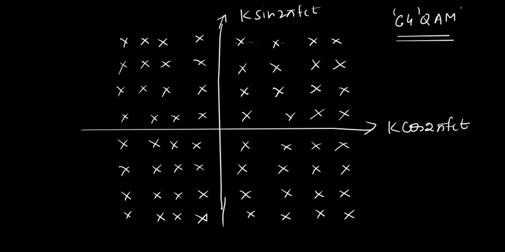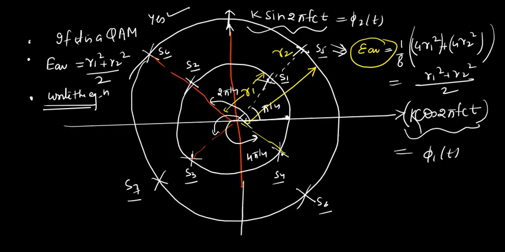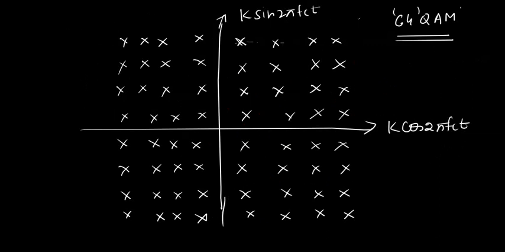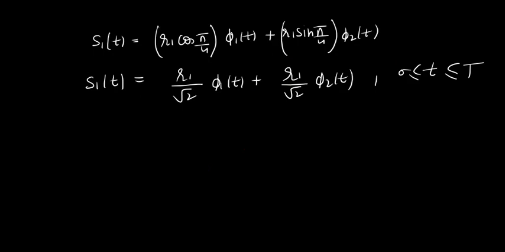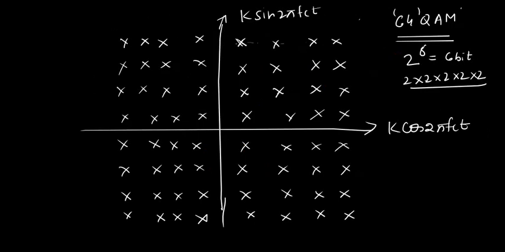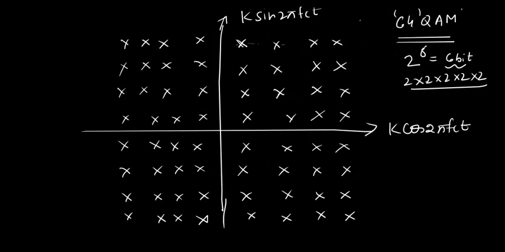Each symbol will represent how many bits? Sorry, 6 bits. So, each constellation point carries 6 bits.